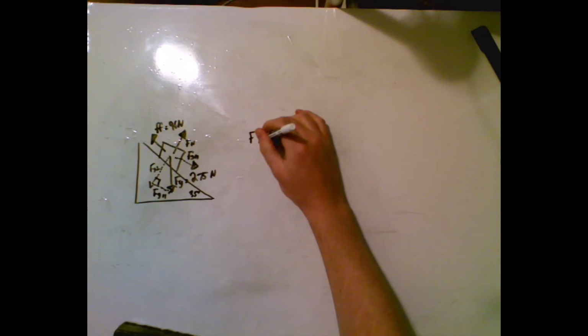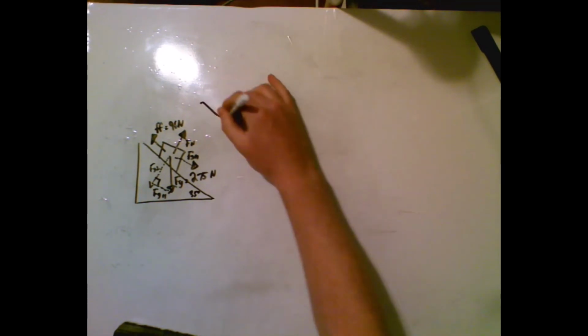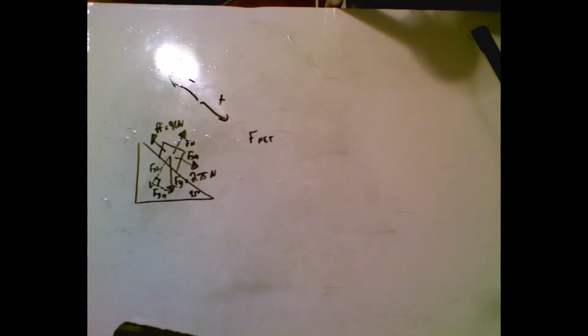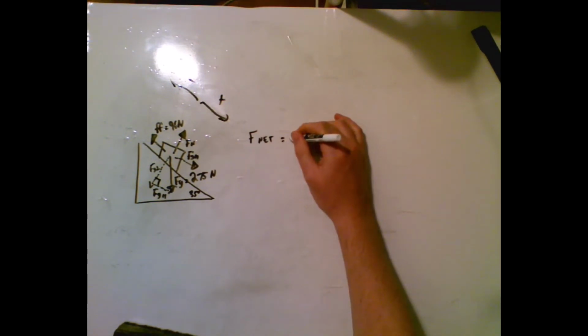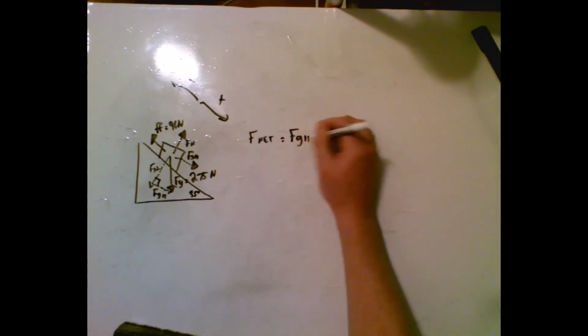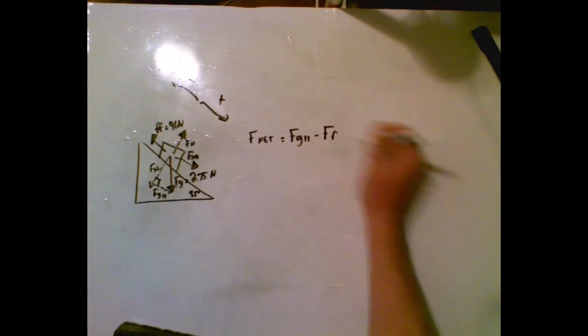All we care about are the forces along the direction of motion. So when I write my F net equation, I'm going to make down positive because it's accelerating down, up negative. Oh, almost in my glare spot again. So my F net is going to be equal to that force of gravity parallel minus my force of friction.